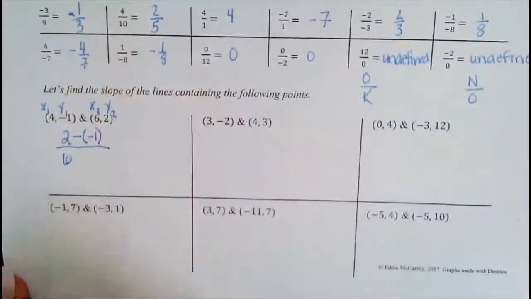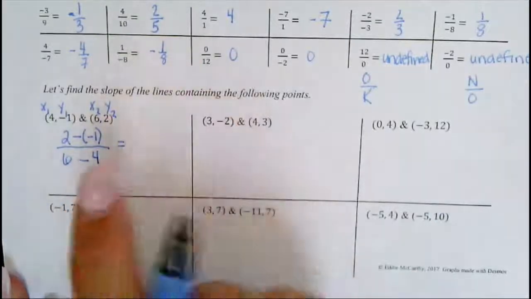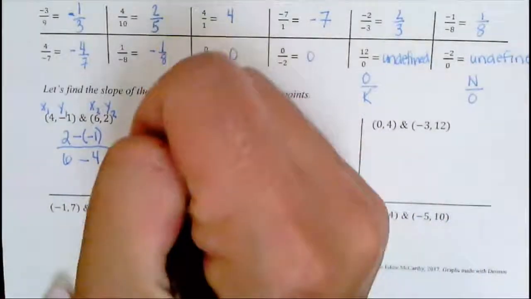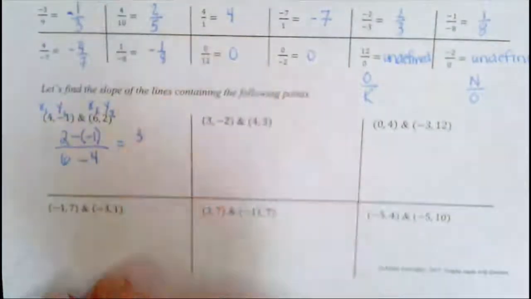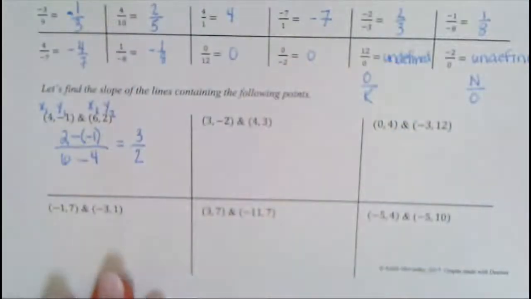Remember, we would write this as a positive. Minus a negative becomes a positive. So 2 plus 1 is 3. 6 minus 4 is 2. And that fraction is simplified. So we are done.